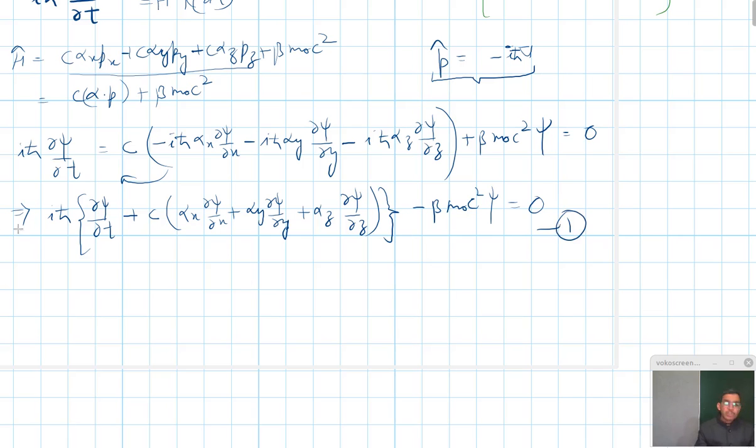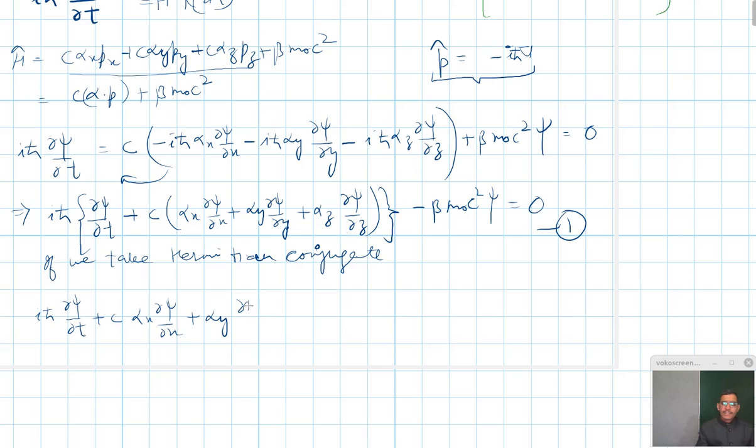Now let us take the Hermitian conjugate of equation 1. It will become iota h cross curly psi by curly t plus c alpha x curly psi over curly x plus alpha y curly psi over curly y plus alpha z curly psi over curly z, right?